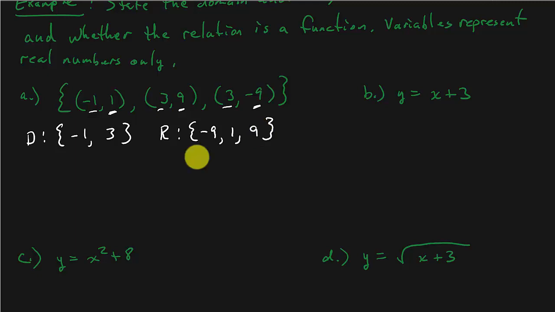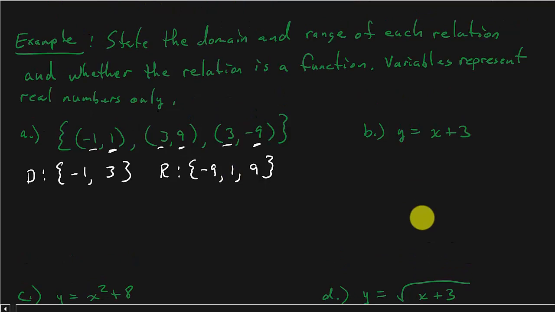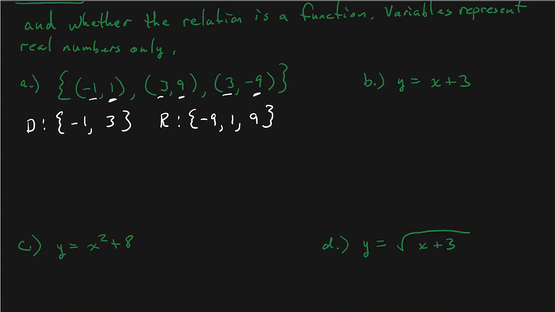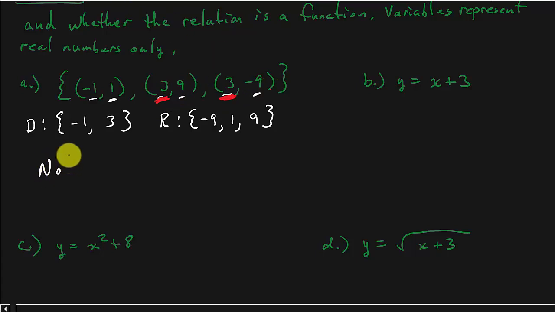If at all possible, list the elements of your domain and range in order, from smallest to largest. So that's domain and range. And then they also want us to determine whether the relation is a function. Well, see how we got the same x value with two different y values? So this one is not a function.